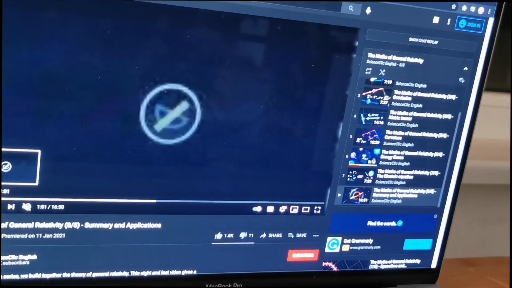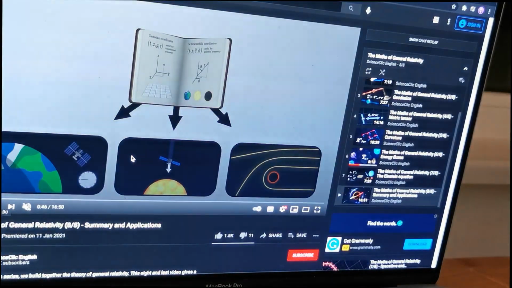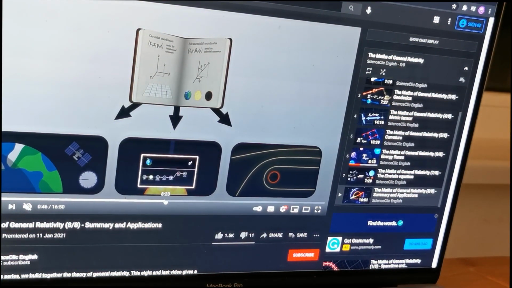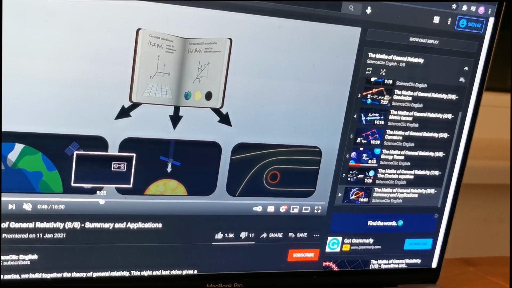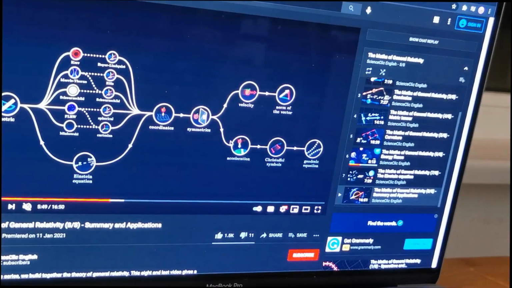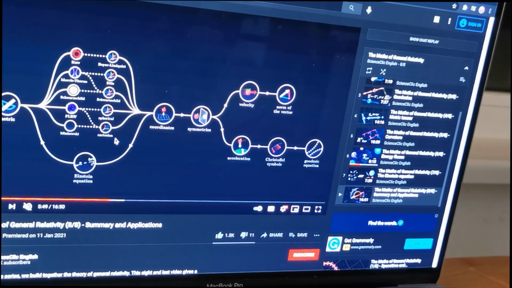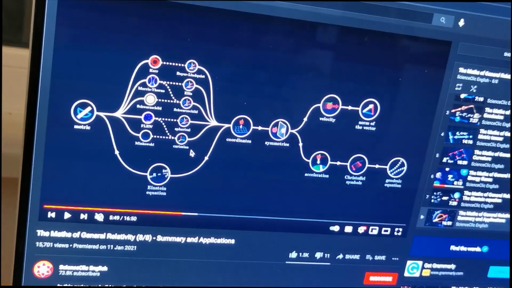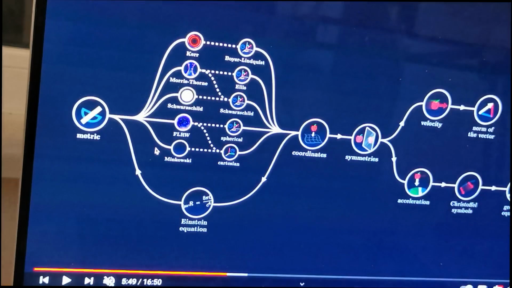Yeah, somewhere here. So the basic scheme is like that. These are the different approaches to solving problems in general relativity.